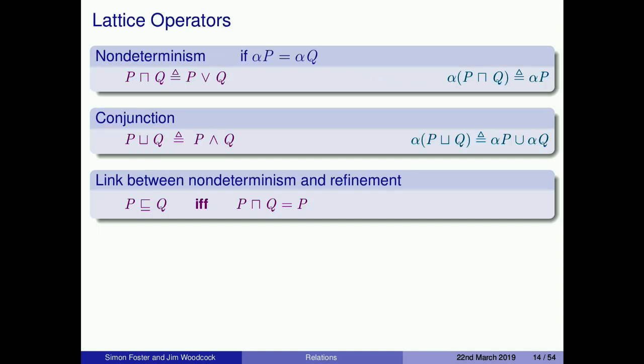We also have other operators which we can make use of at this level. So I'm not going to touch too much on lattices, but it's worth noting that relations form a complete lattice under refinement. And one of the results of that is that we can reason about non-determinism, we can reason about recursion, we can reason about induction, and all of these kinds of things.